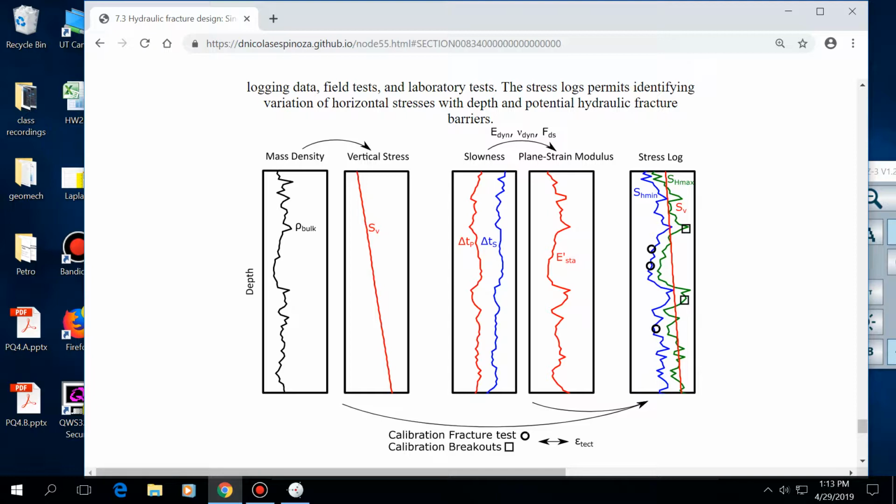But the data I've used in this example is the same I gave you. So you will see if you get something similar, and I also zoom in at a particular depth. Your objective is that after you build this stress log, you tell me, for example, if you have the perforations done right at this depth, what would be the hydraulic fracture height? And in which direction it will grow.